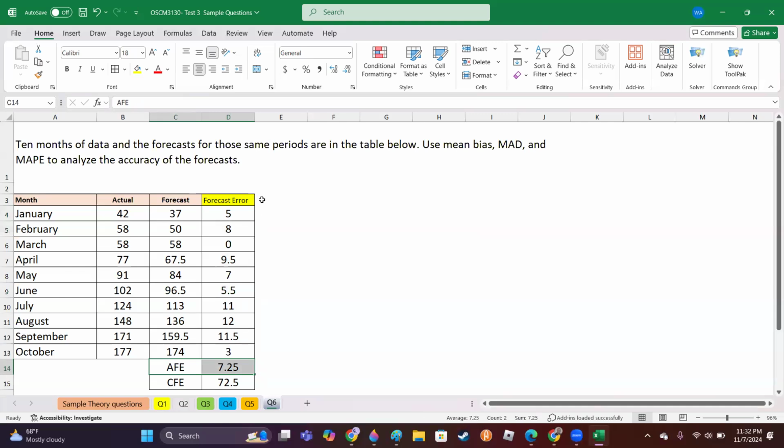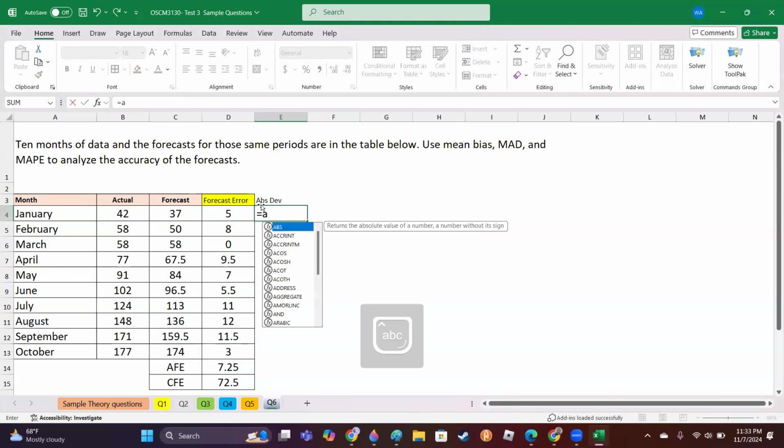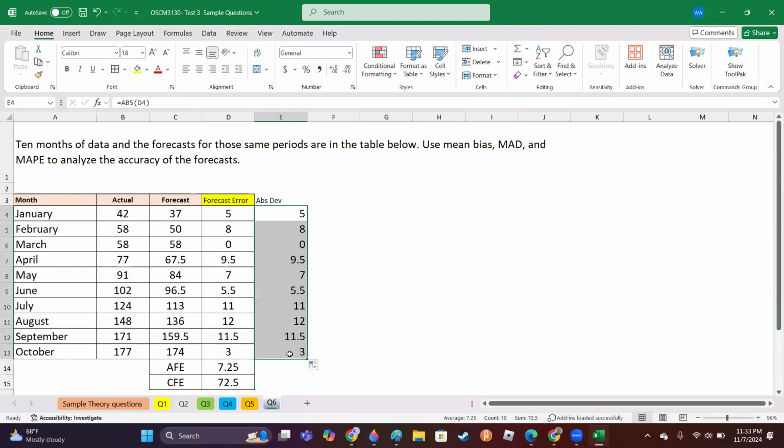Because remember, for the mean absolute deviation, I require that you calculate another column called the absolute deviation. And you'd use the absolute function here, but all these numbers here are positive. So this was a wasted step. You'd have only needed to do this if you actually had negative values. In this case, there are no negative values at all, but we can still do it step by step. This is perfectly fine.